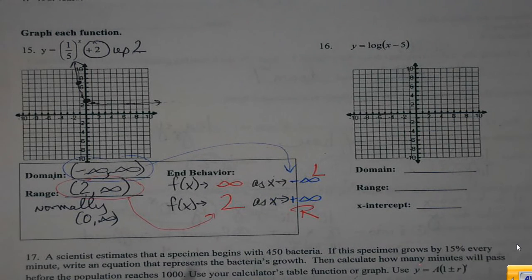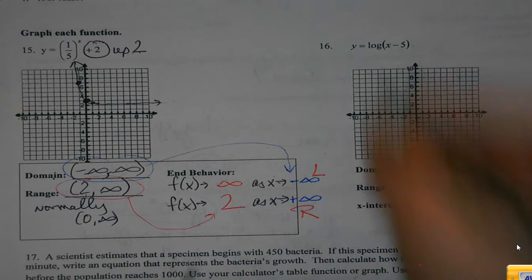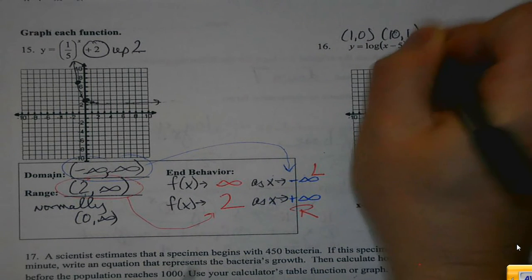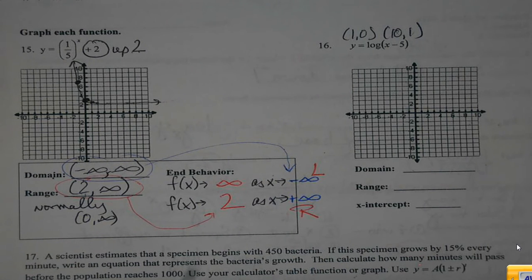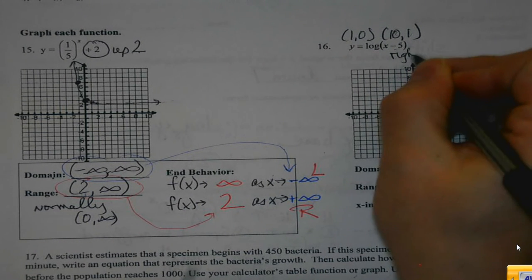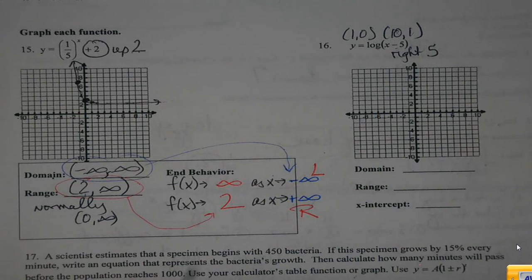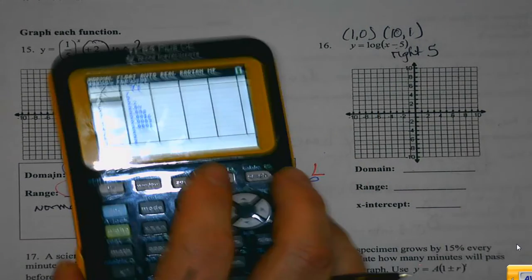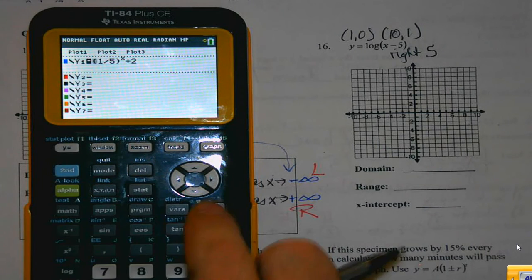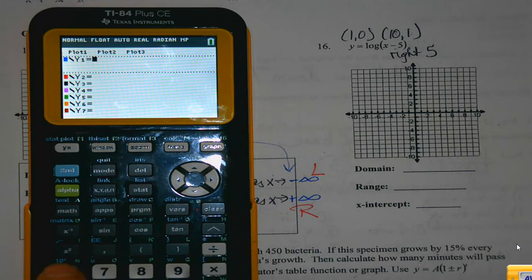And then the same thing dealing with 16 with my logarithm. Again, I'm going to assume a lot of you are going to go to the calculator, even though you could take your 2 parent points, your 2 base points, and shift them. Because again, this is going to be right 5. So if I went to the calculator, I'll show you both side by side here. There's my log.